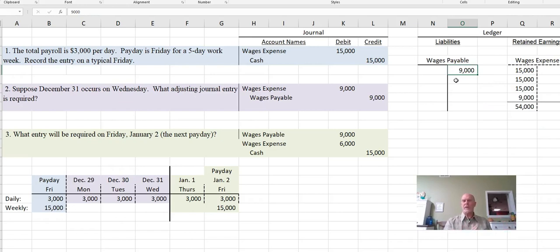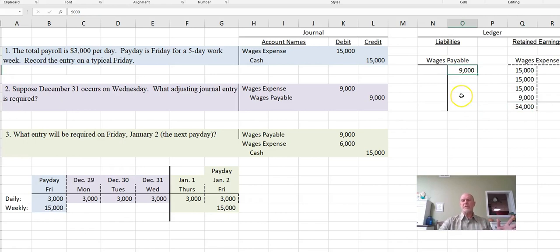If we were to stop right now, we still owe them $9,000 for the 3 days that they've already worked. So by recording this adjusting journal entry, the financial statements as of December 31st are up to date, the wages expense on the income statement, and the liability for wages payable on the balance sheet.